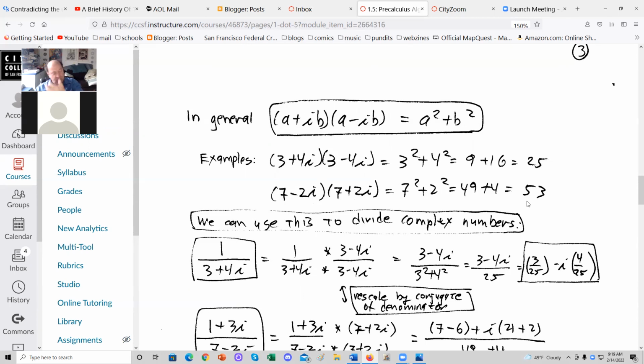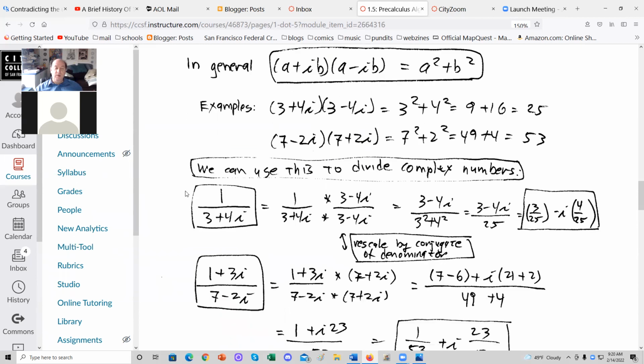Now this fact is useful for dividing complex numbers. Because if you have 1 over 3 plus 4i, this is basically a form of rationalizing the denominator. We're going to remove the square root of negative 1 from the denominator, and we'll do that by rescaling by the conjugate of the denominator. We multiply numerator and denominator by the same thing, the conjugate of the denominator. 3 plus 4i, its conjugate is 3 minus 4i.